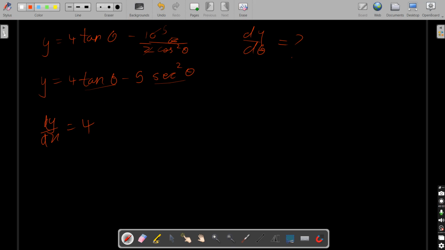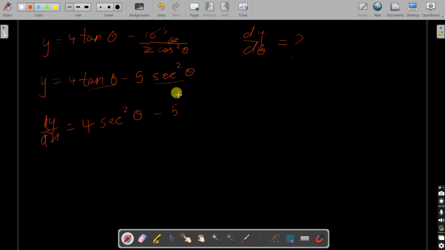You can see this is simple tan theta, there are no powers or anything, so we simply write sec square theta. 4 multiplied by sec square theta minus 5 into the differentiation of sec square theta. As the 4 is in multiplication with a function, it will remain as it is. If it was alone, it will become 0. We have sec square theta, not sec theta.